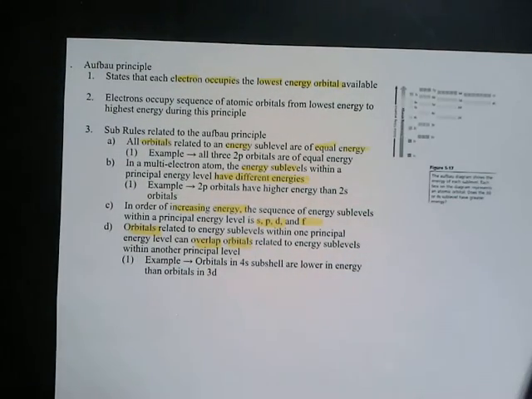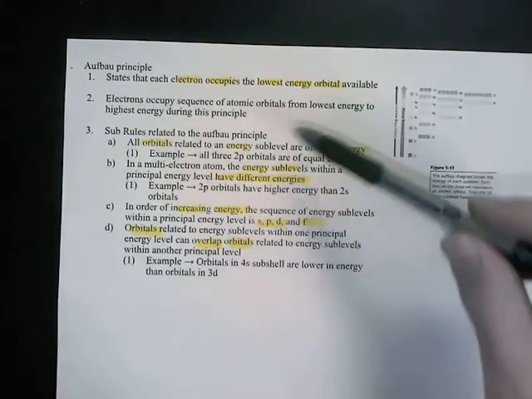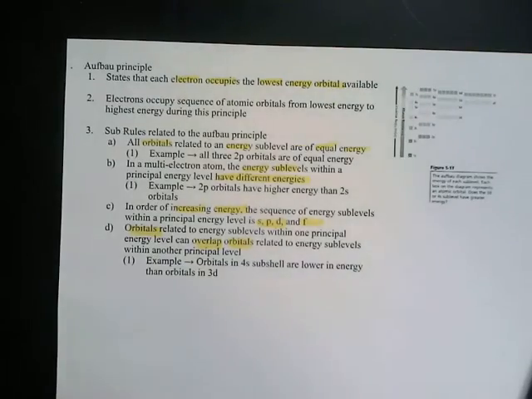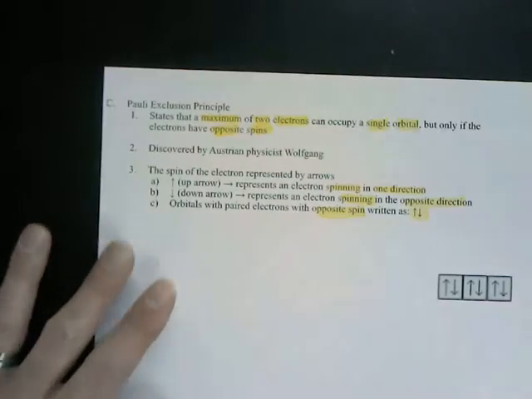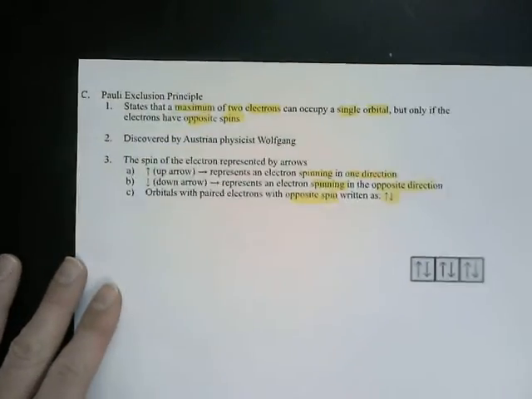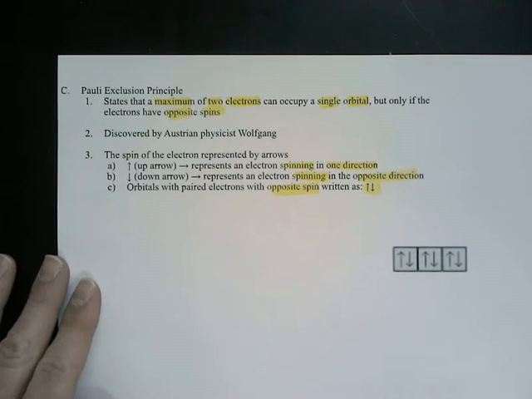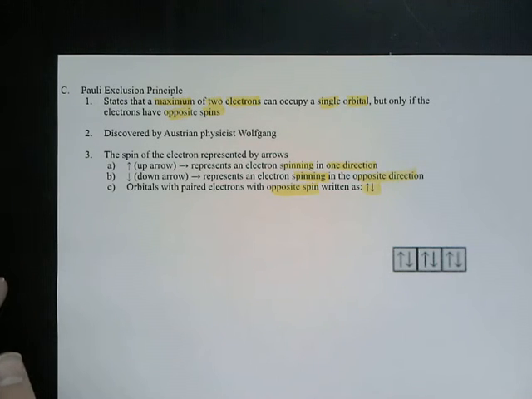What we're going to do is apply this. Again, I don't need you to know the Aufbau principle's particular definition, but what I do need you to know is, hey, how are you going to apply it? But just in case you need the definition, it is located here. All right, so the Pauli exclusion principle says, hey, each orbital can only hold a maximum of 2 electrons.